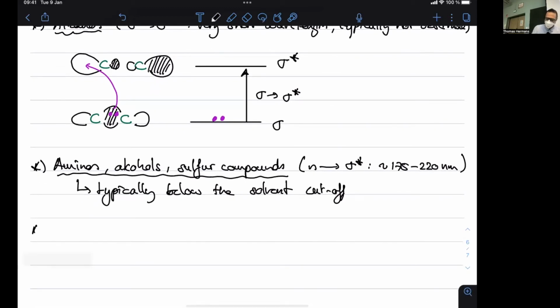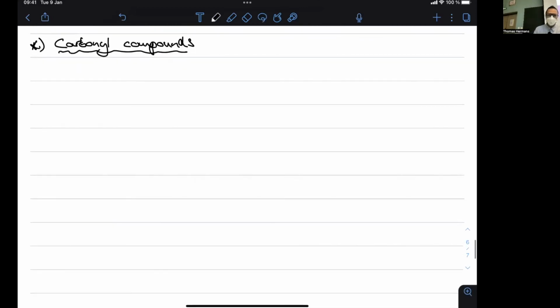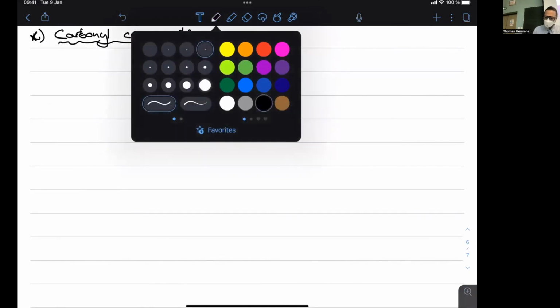Okay, then we go to more interesting things like carbonyl compounds. Okay, let's draw the carbonyl first.